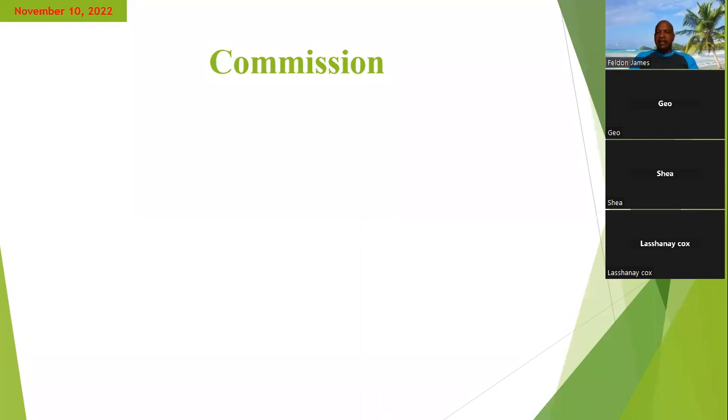Sometimes you get a basic salary, meaning that even if you don't sell any goods, you still get basic pay plus commission. So you might get $5,000 a week, but whenever you sell goods valued at, say, $1,000, you get 10% of that and add it to your $5,000. So it's a means of increasing your pay.